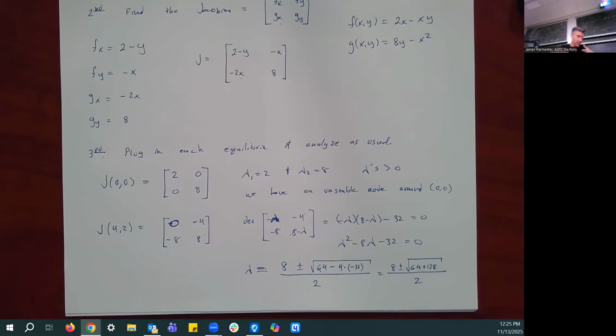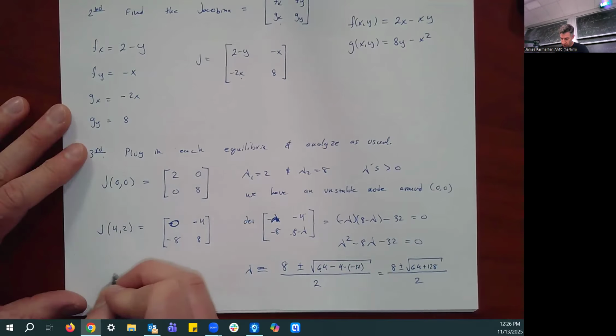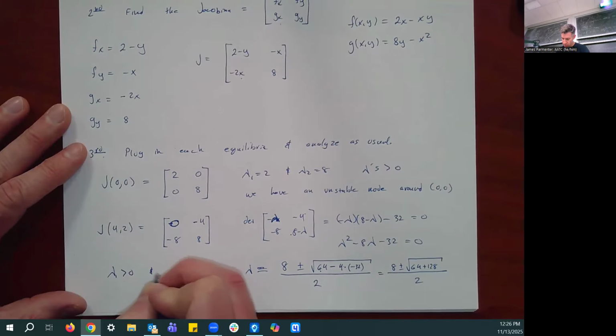That's what's shooting us down this path of the eigenvalues having to be opposite signs. So we know that we have lambda 1 being positive and lambda 2 being negative, and that tells us we have a saddle.